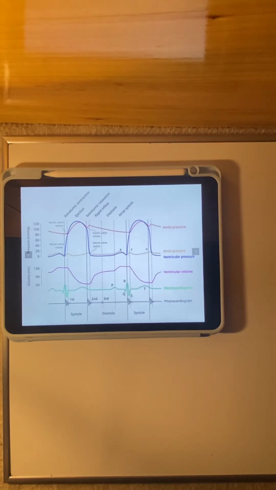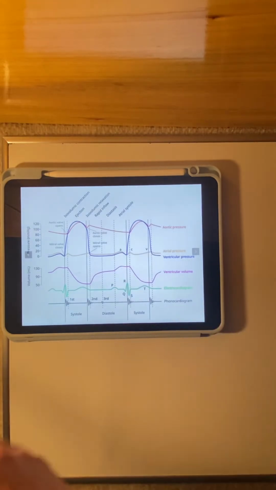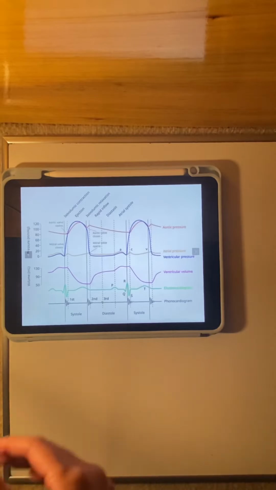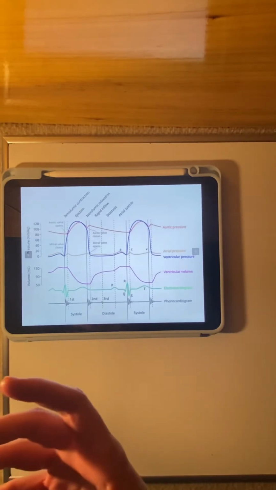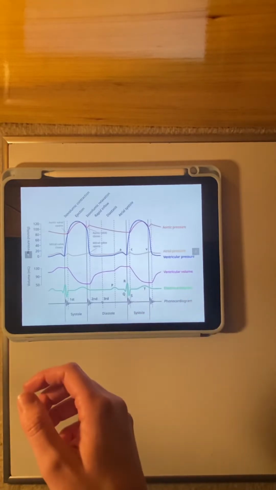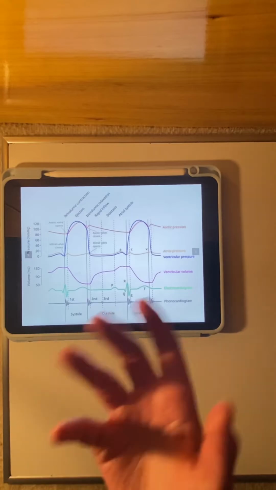Okay, so I think a good place to start is defining what atherosclerosis is. It is the buildup of plaque or the decrease in lumen diameter size. Basically, atherosclerosis can happen anywhere. It can happen in your periphery, and in that case, it would be called peripheral artery disease.